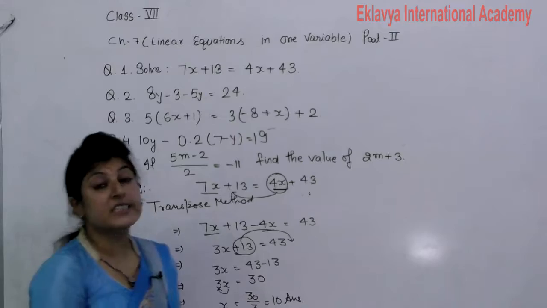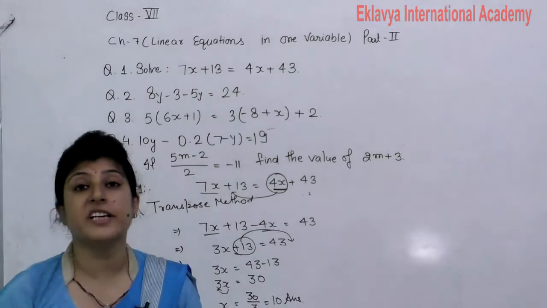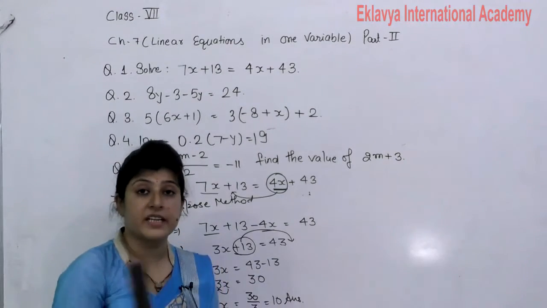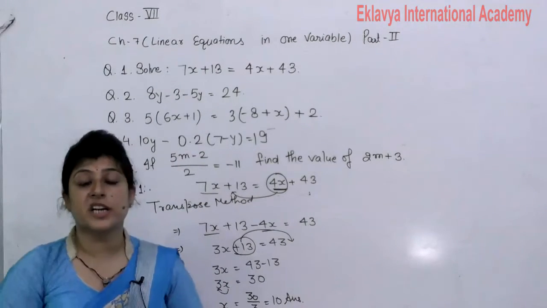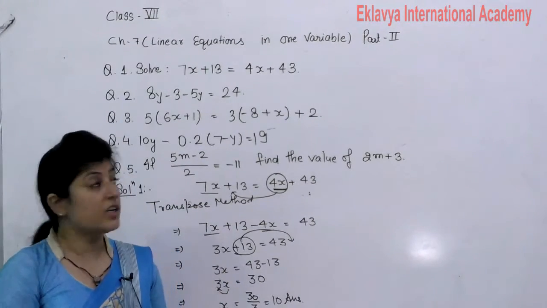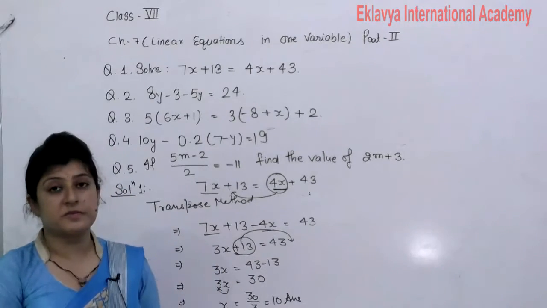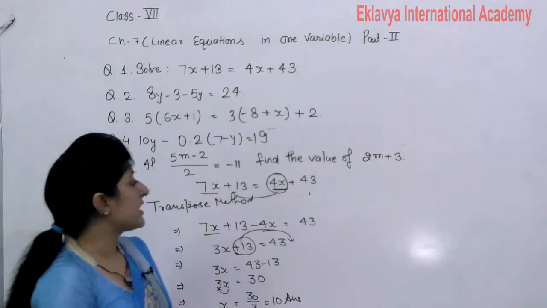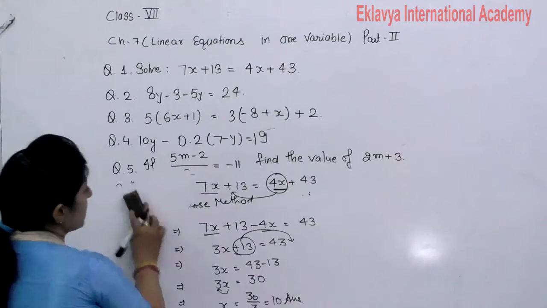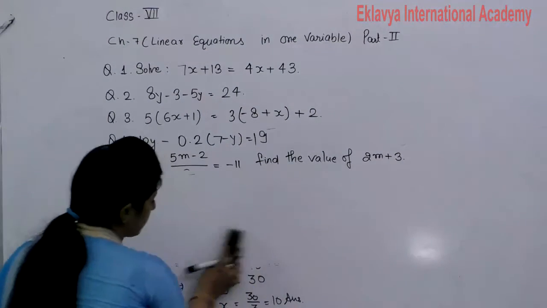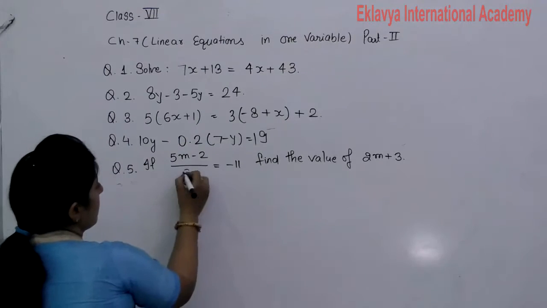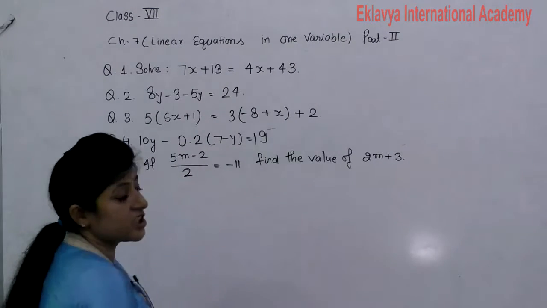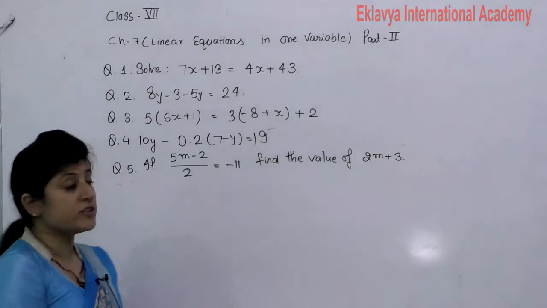So you can see easily that in the transposing method we need fewer steps compared to the simple method. So we will now use the transpose method in our further questions. See more examples of how to solve the equations. We can say here x is equal to 10 is the root of this equation or solution of this equation.